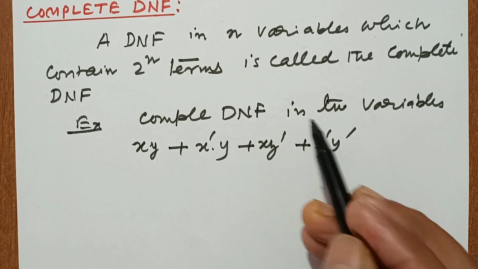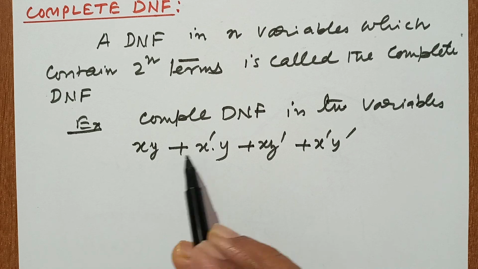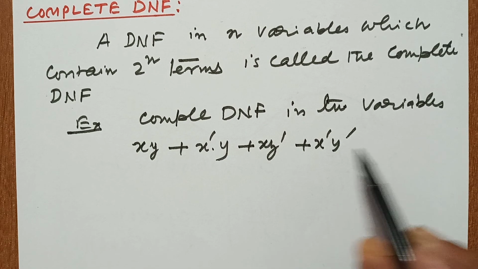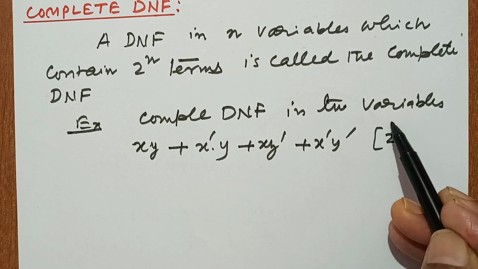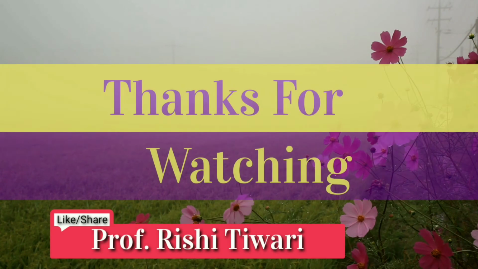Means how many variables? 2 variables. So total number of terms are 4. 1, 2, 3, 4. Means 2 to the power 2 is equal to 4.